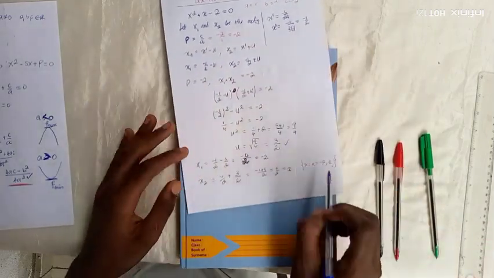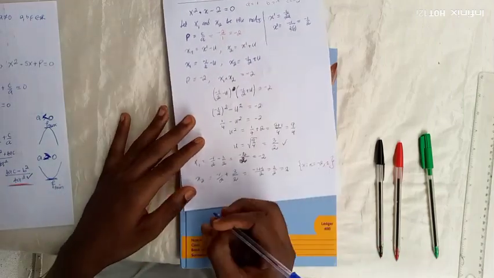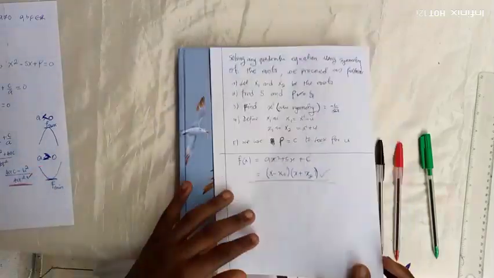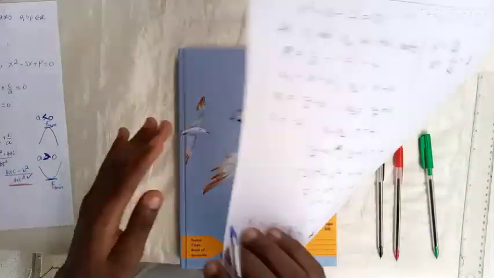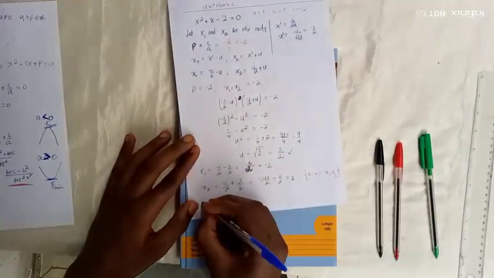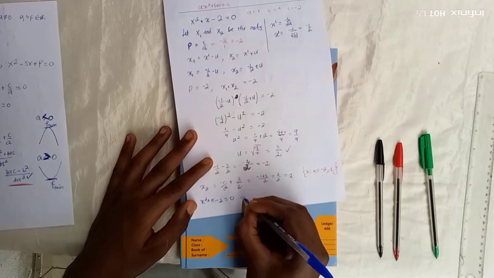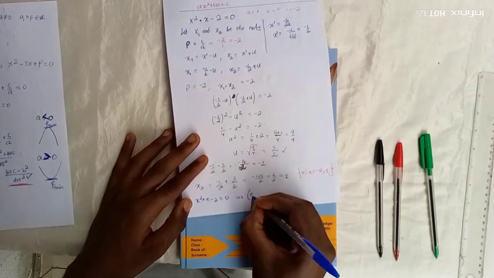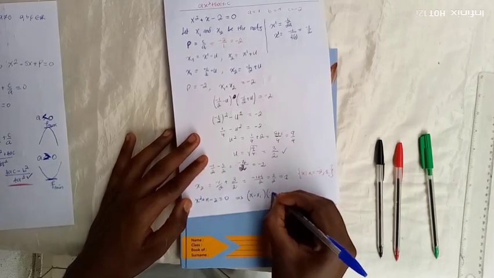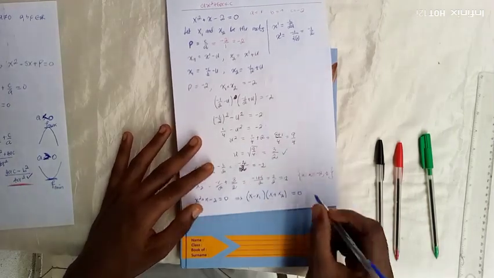Now, if you were asked to factorize this quadratic equation, you could use the fact that any quadratic equation can be factorized in this format. So I'm going to use that formula here. If I was factorizing this quadratic equation, for instance, x squared plus x minus 2 equals 0, knowing the roots, I have x minus x1 into x minus x2 equals 0.